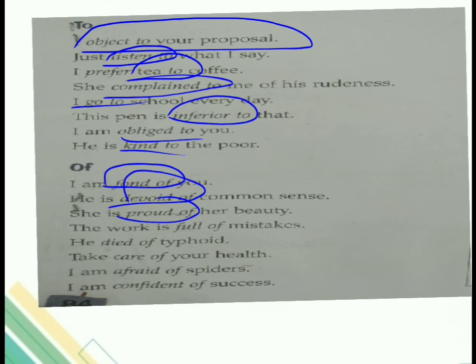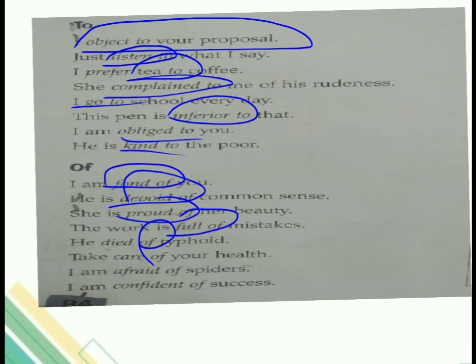The work is full of mistakes. So if there are so many mistakes, it is full of mistakes. The glass is full of water. Have you heard this? Yes, so we say full of. With full, we use the preposition of. He died of typhoid. He died due to typhoid is also correct.